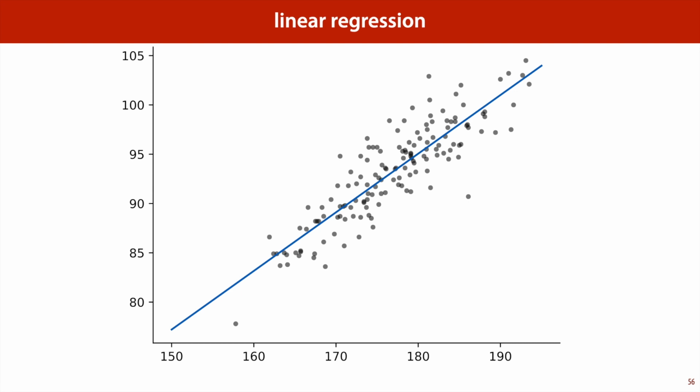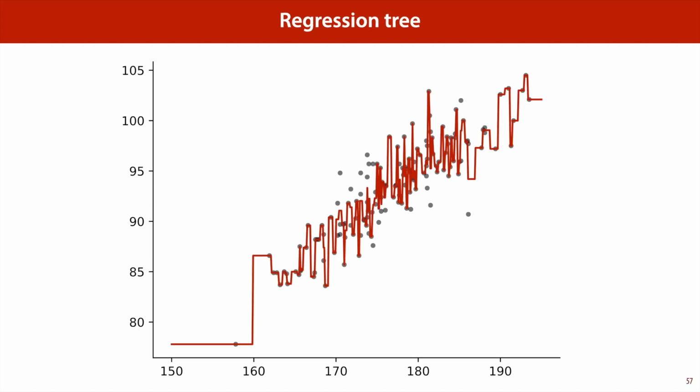We can also take the principle of a tree-based model. So we saw a decision tree used for classification. We can also use a regression tree, which essentially builds a tree, splits on the value of the feature at every node, and once it hits a leaf node, outputs a particular constant value for that leaf node. It gives you a model that looks a bit like this.